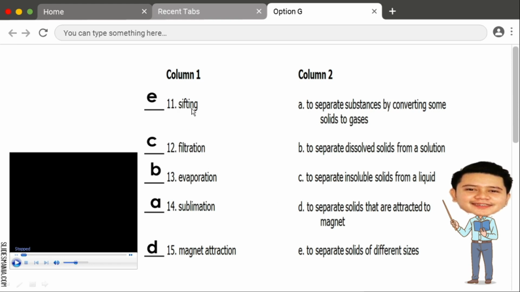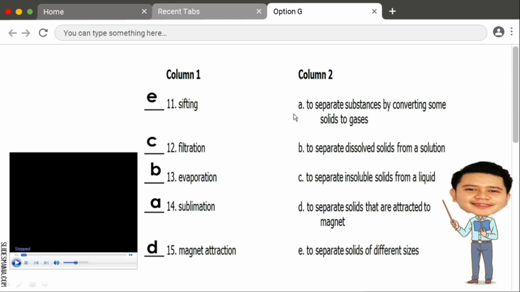Okay, we have the sifting. When we say sifting, to separate solids of different sizes. Filtration, to separate insoluble solids from a liquid. Evaporation, to separate dissolved solids from a solution.